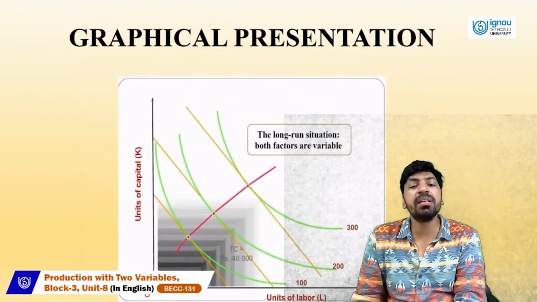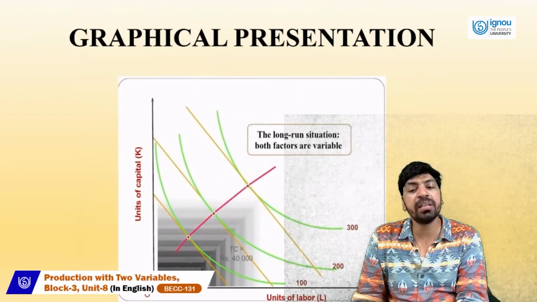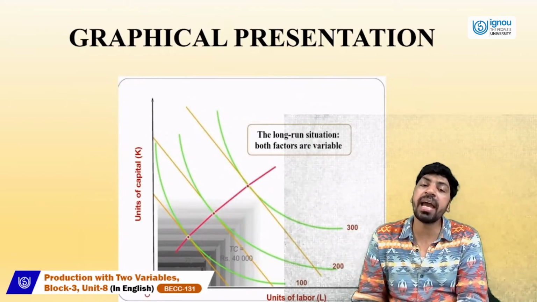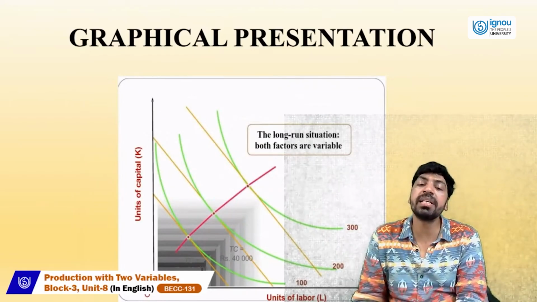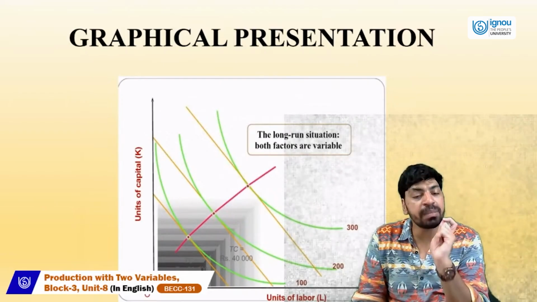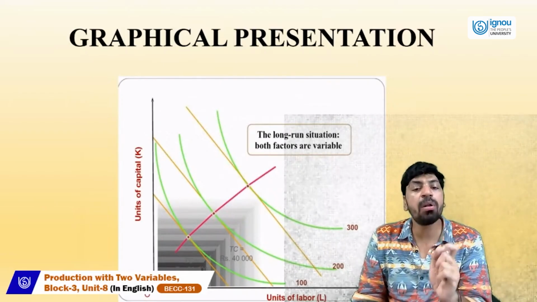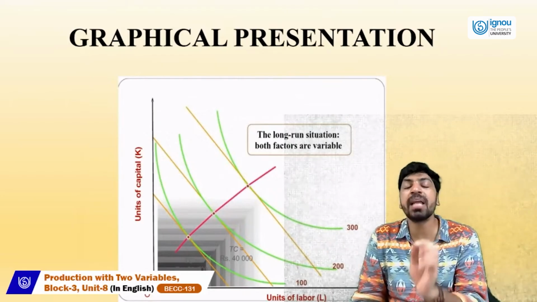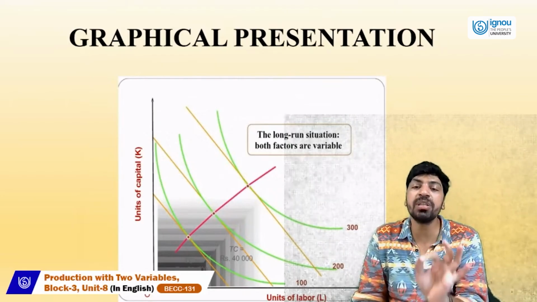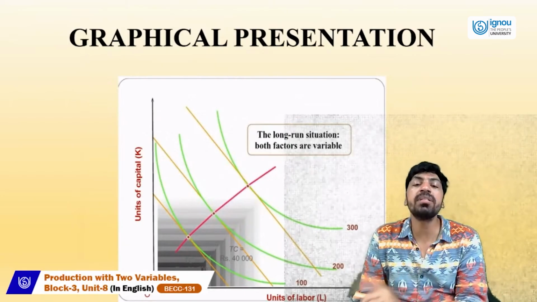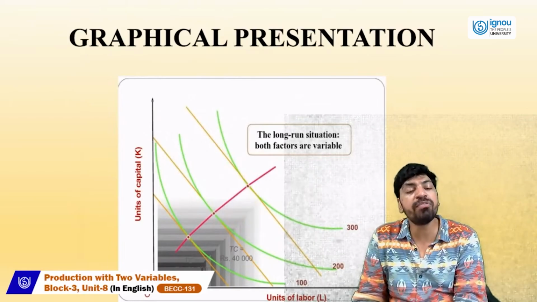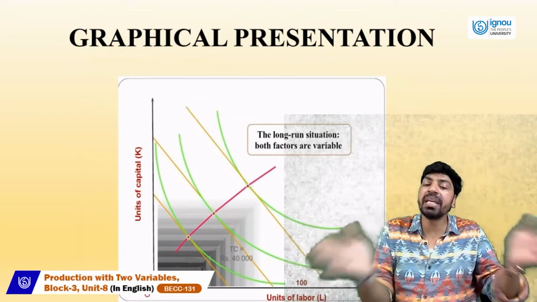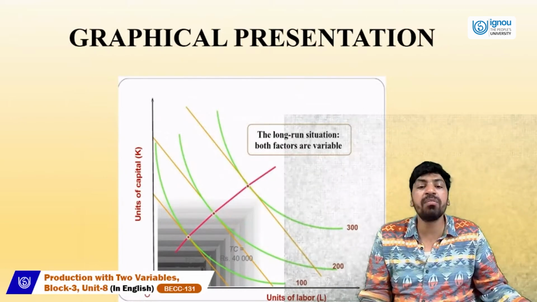This is a graphical representation of it. If you look at the budget lines or isocost line and the isoquant curve, which intersect at the midpoint, the line which has been drawn through those midpoints is called the expansion path. This is the long run situation where both factors are variable, so when we talk about the combination of two factors, it's called variable.